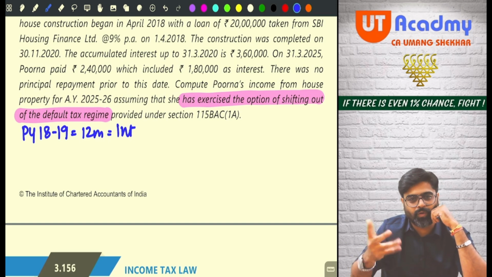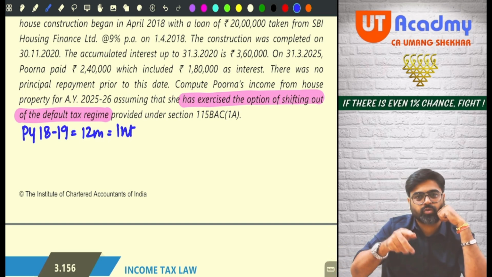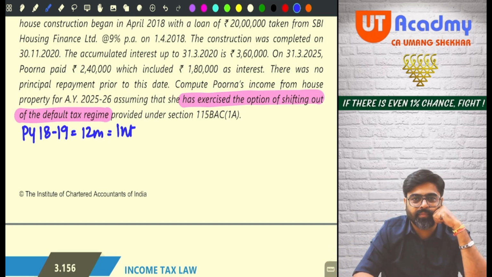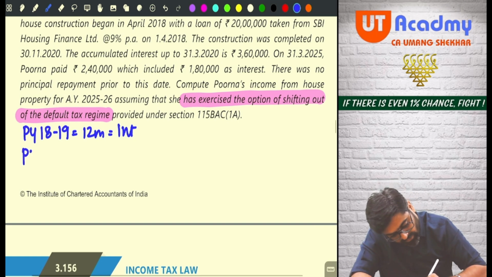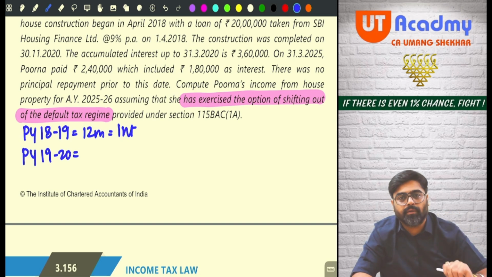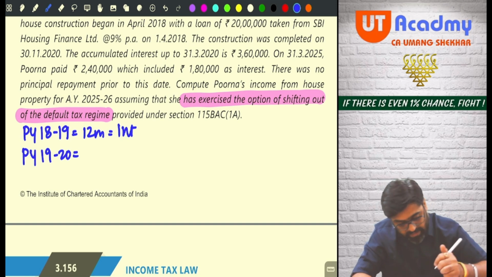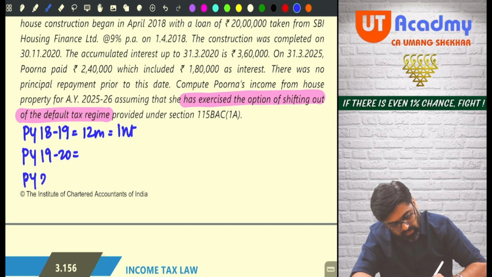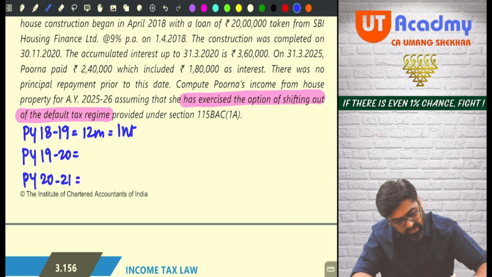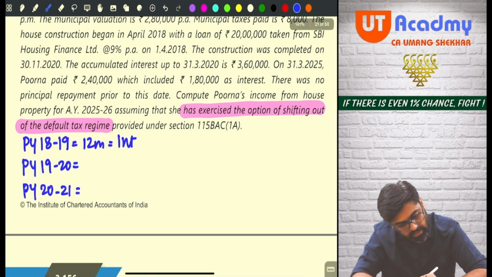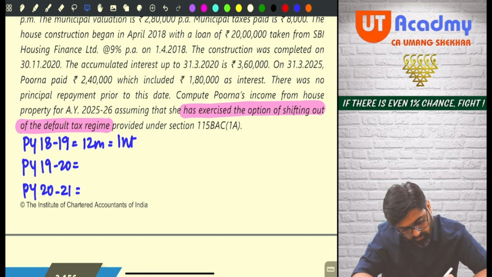No house property, no annual value. So this interest was not allowed in 18-19. Then in the next previous year also, 19-20 also, the construction was going on. And finally the construction got completed in previous year 2021, they are saying. Please check. The construction was completed on 30th November 20.